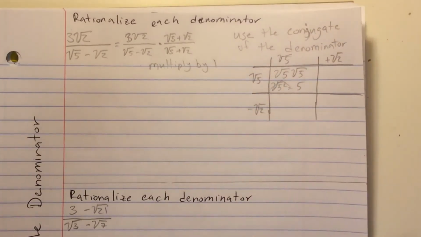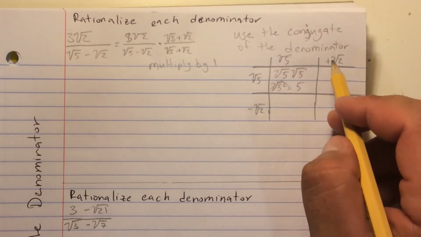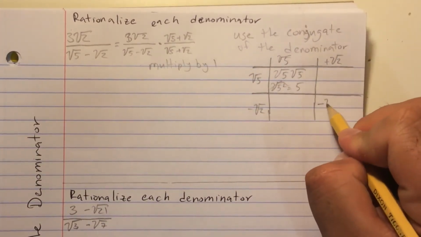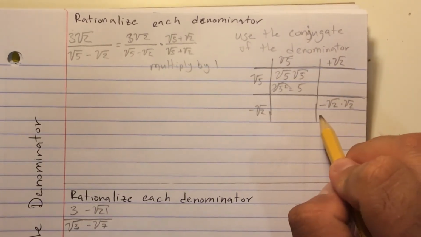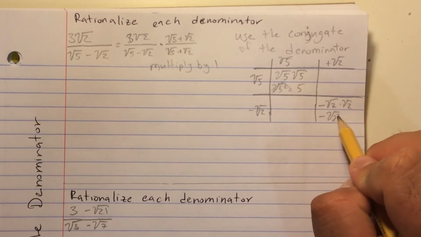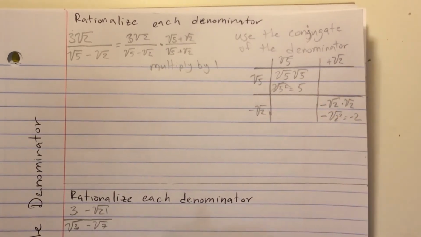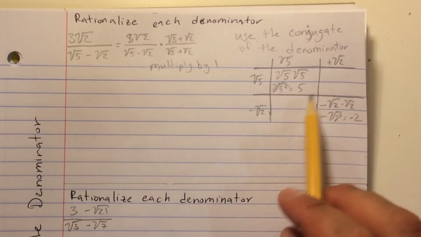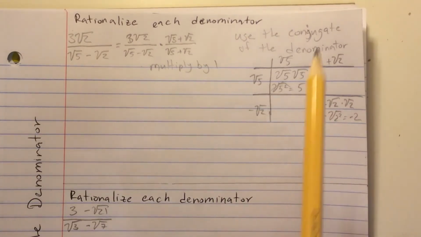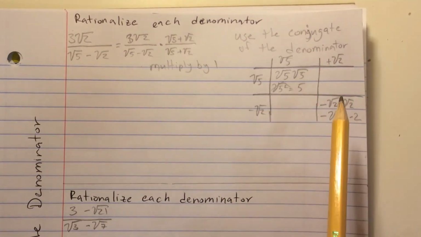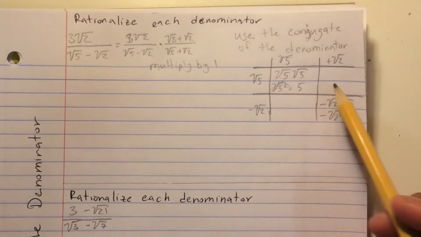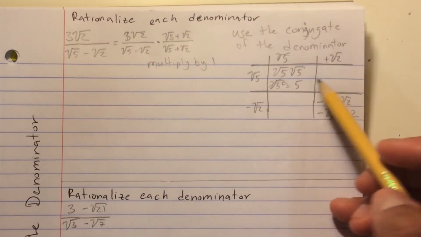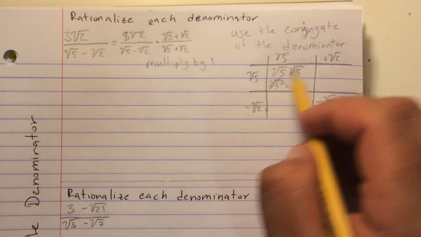I'm going to skip these two right now and go to this one here, which is negative radical 2 times radical 2. That ends up being negative radical 2 squared, which gives us negative 2. These other ones, because they're conjugates, you don't really have to do them, but you have to for this video, of course. We know they're going to add to 0. But let's do it just to show you.